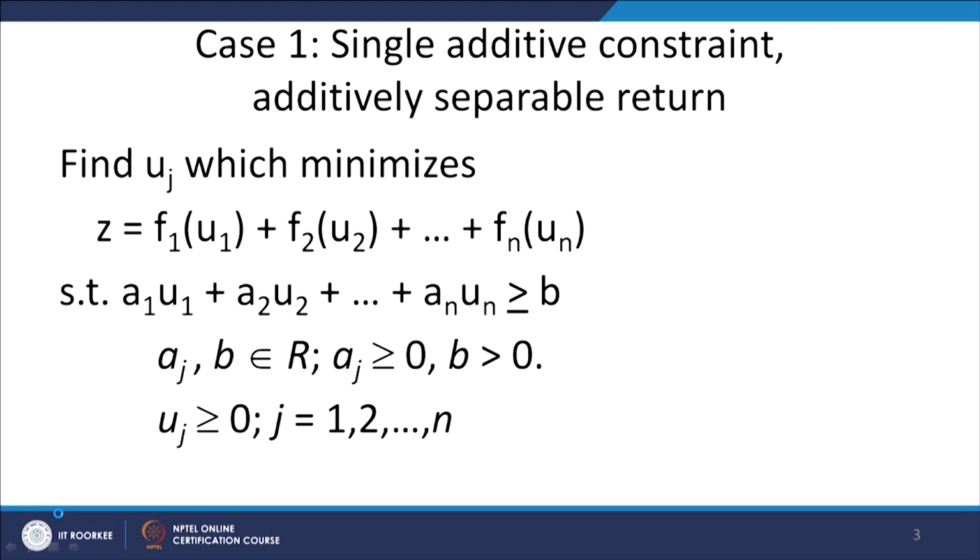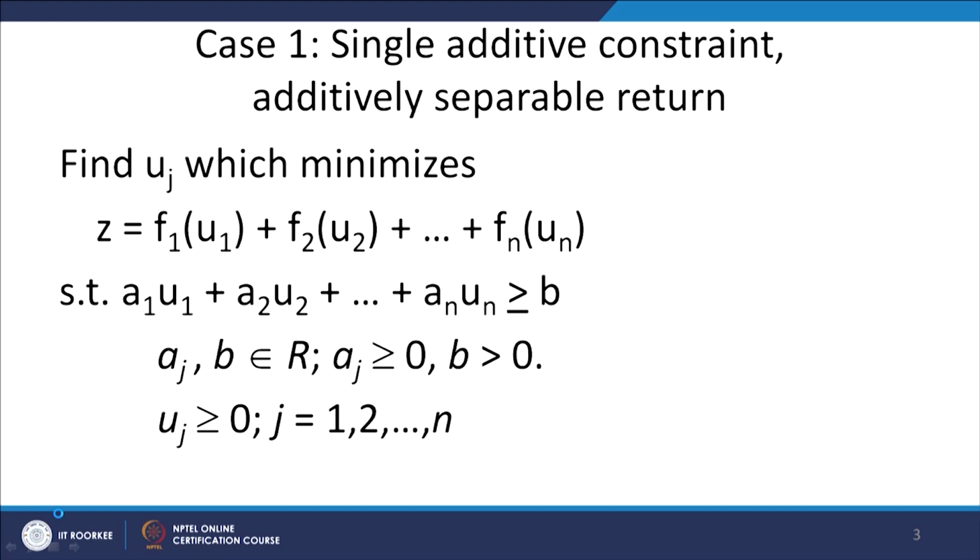Now this is subject to just one single constraint of the type a1 u1 plus a2 u2 plus up to an un greater than or equal to b. Here all the ai's and b, there is only one b, are real numbers, and ai's are greater than or equal to 0 and b should be strictly positive.